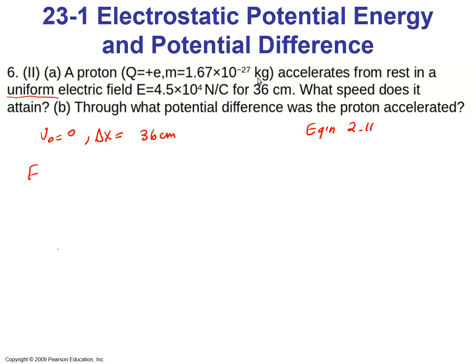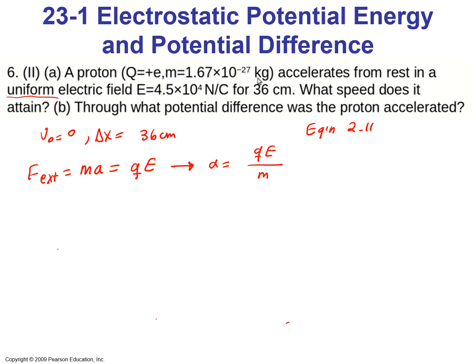and write down F external is equal to mass times acceleration. And here the force is equal to charge times the constant uniform electric field. We can solve it for acceleration: charge times electric field divided by mass.